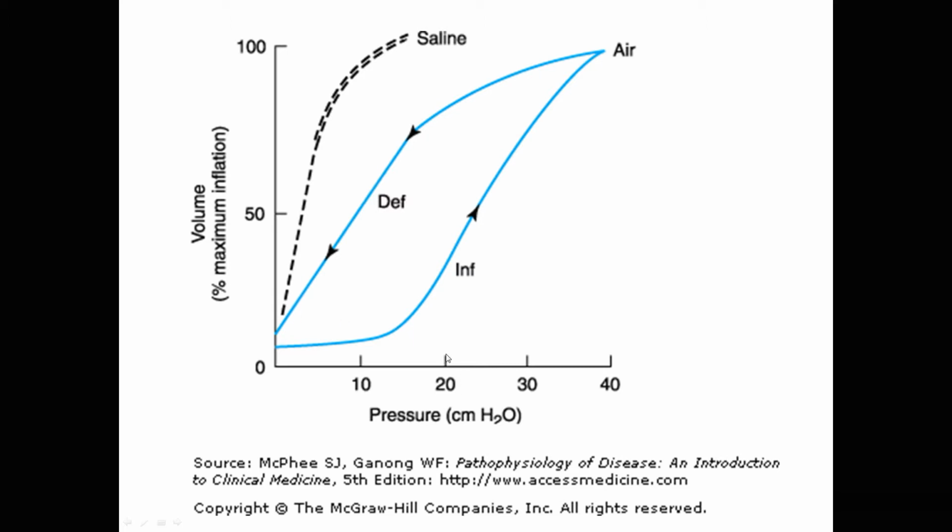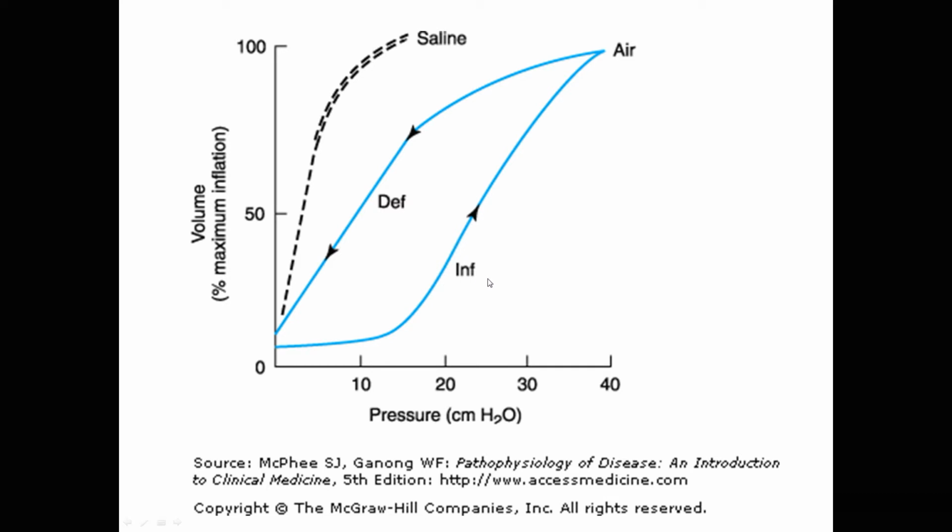As we can see, a lower volume is observed during inflation at the same pressure as compared with the deflation. The same pressure will generate a larger volume during deflation. So there is something acting to cause this difference.